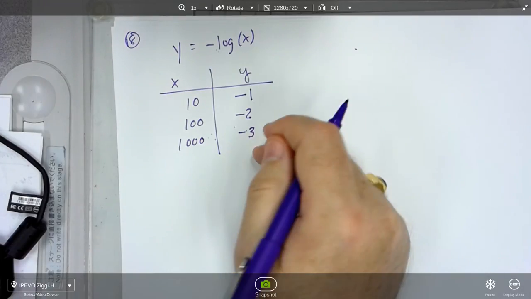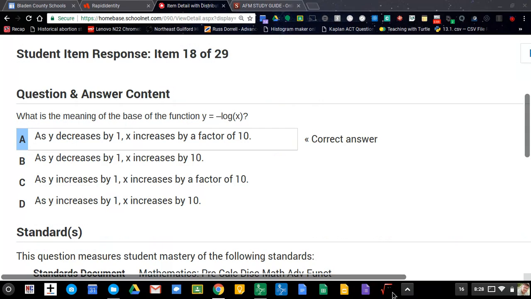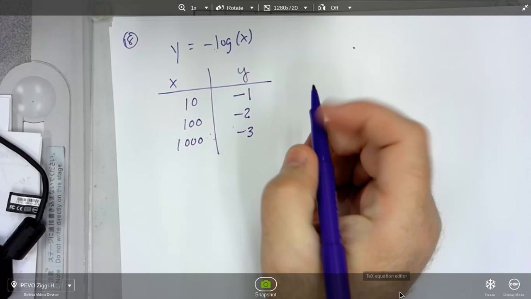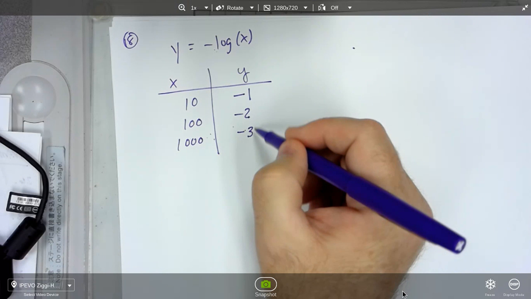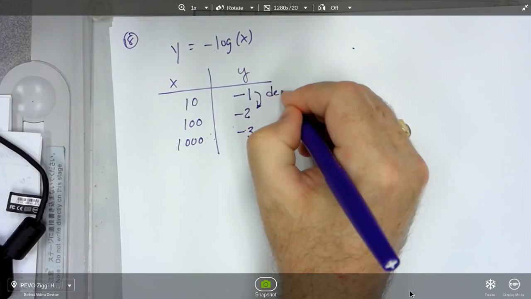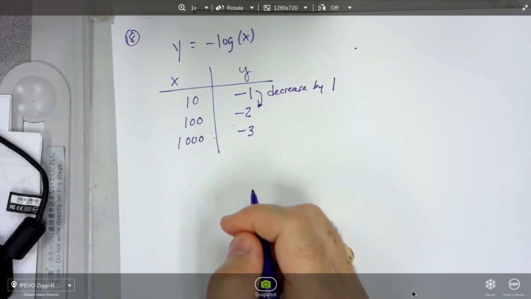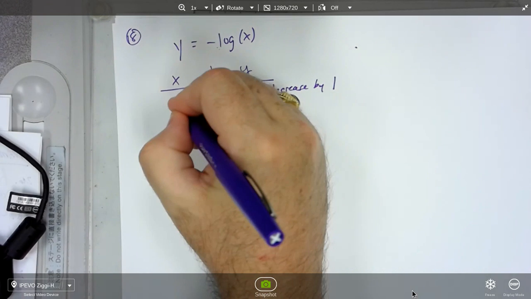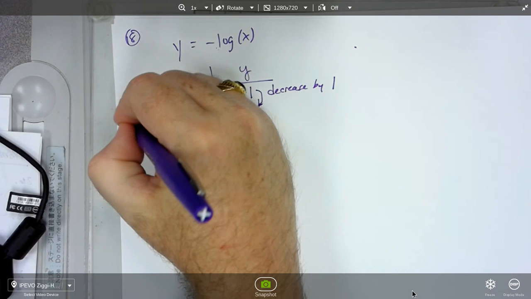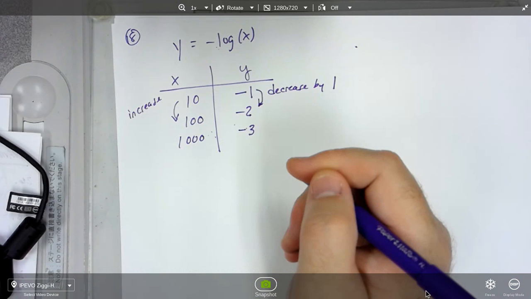Okay, just with that small table right there, we can go back to these statements and say as y decreases by 1, which way is decreasing? Down. This would be decreasing by 1. Okay. Then what happens to x here? This is an increase by 10, or a factor of 10?